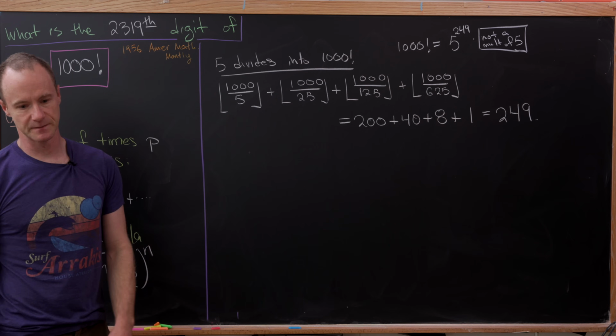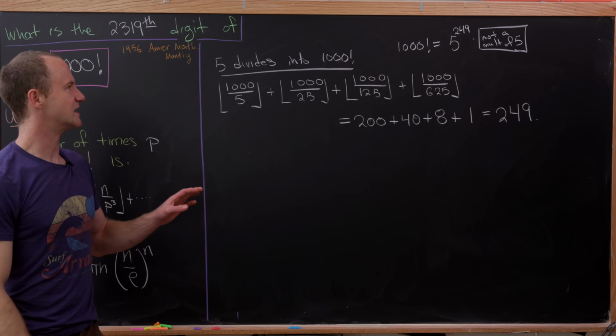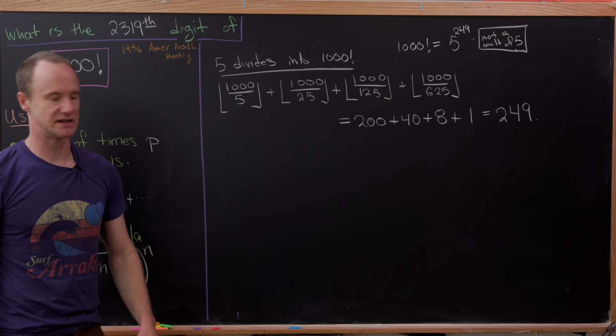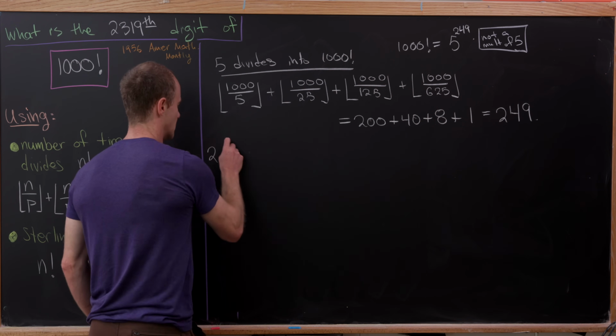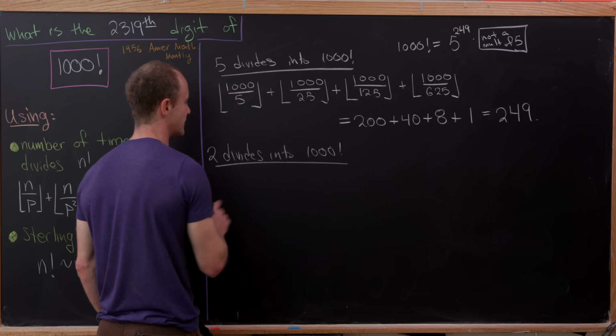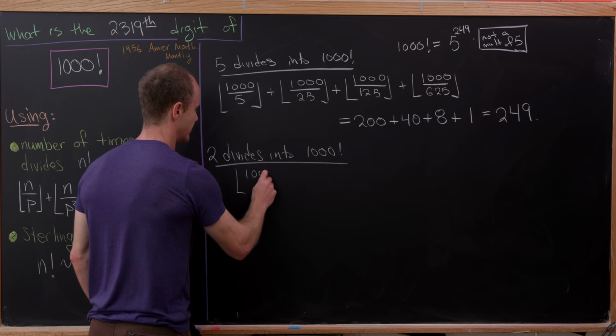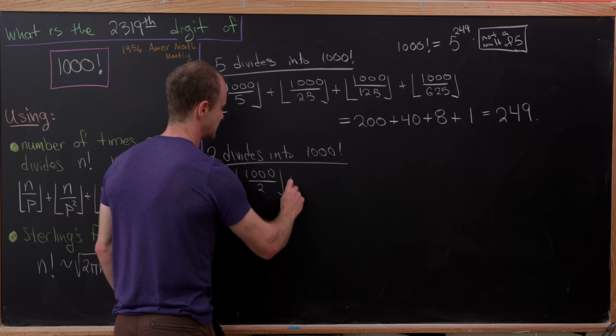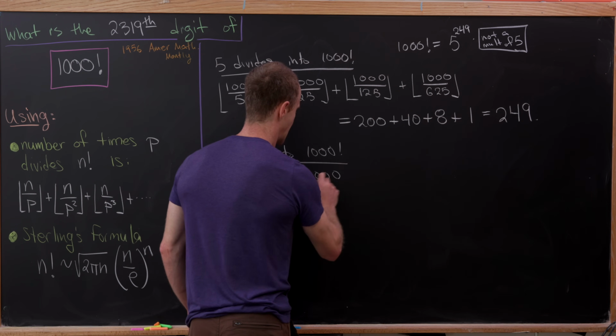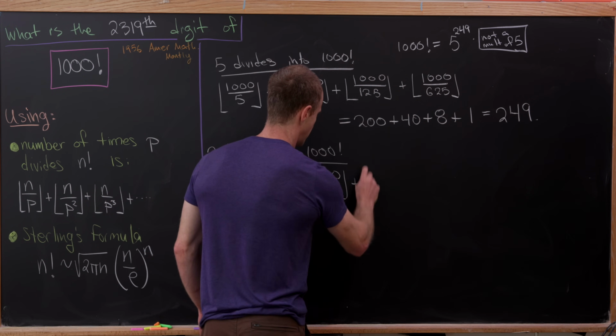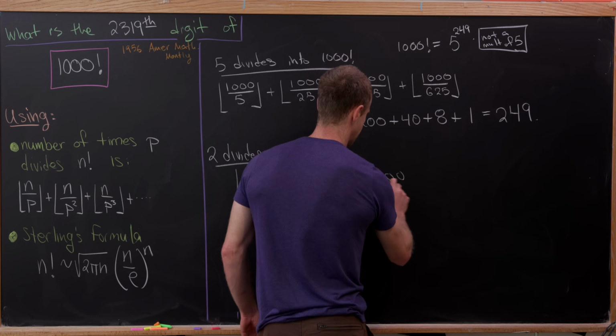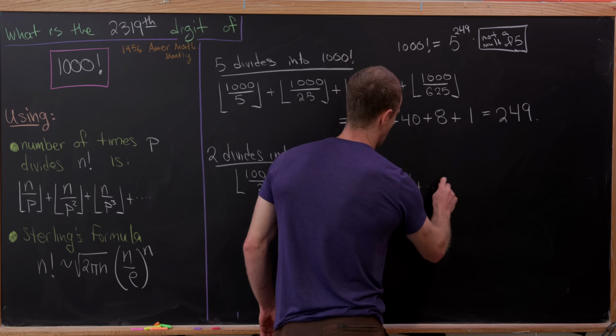Okay, great. But now let's look at the number of times 2 divides into 1,000 factorial. Well, we've got 1,000 divided by 2, the floor of that. 1,000 divided by 4 plus 1,000 divided by 8, and so on and so forth.